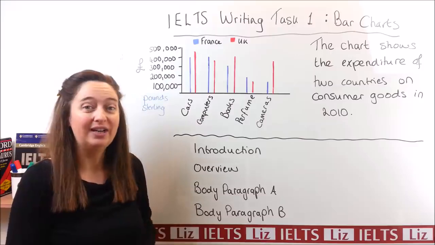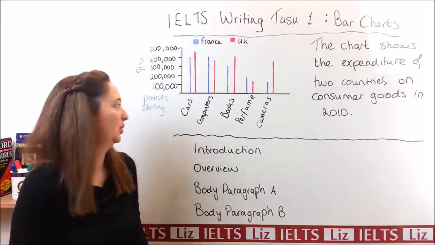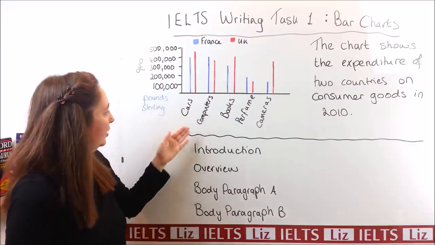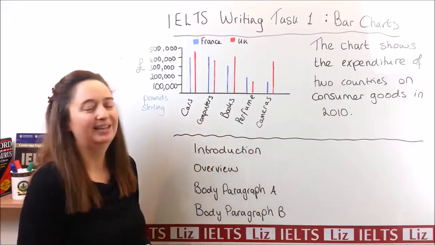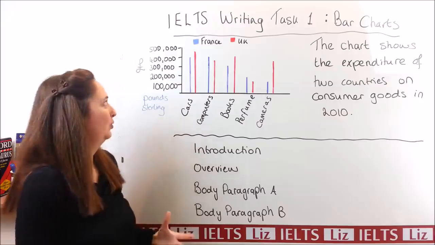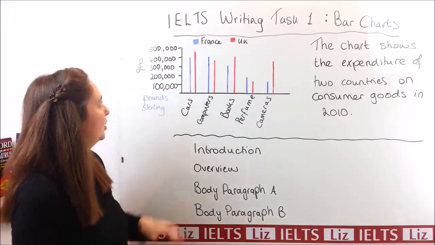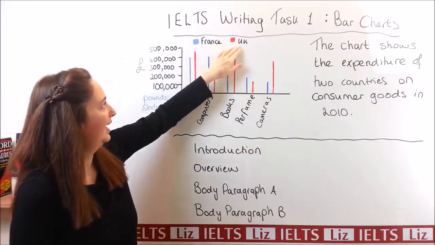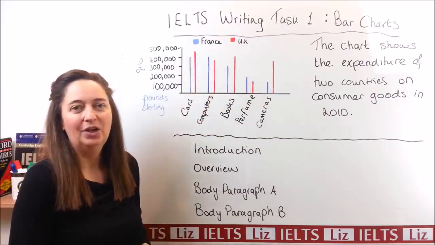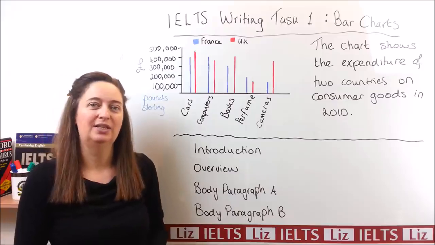So we've got 5 different types of consumer goods. We have cars, computers, books, perfume and cameras. And if we look further, we can see that the 2 countries, we've got one in blue and one in red. We've got France and the UK. So that is our bar chart for this lesson.